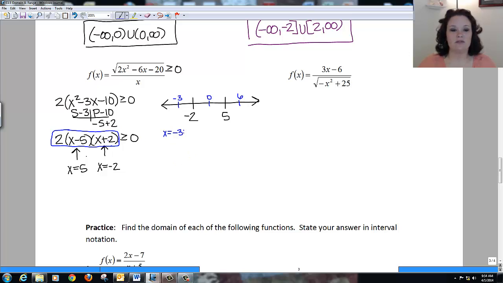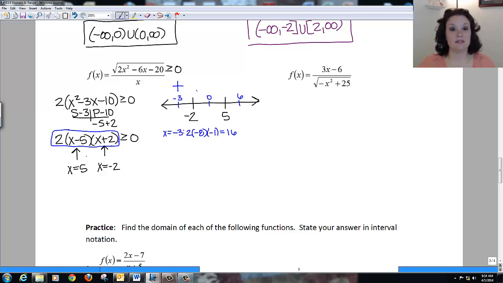So if I plug -3 in here, notice I already have just a constant 2. If I do -3 minus 5, that gives me -8. And -3 plus 2 gives me -1. If I multiply these together, 2 times -8 is -16, times -1 gives me +16.